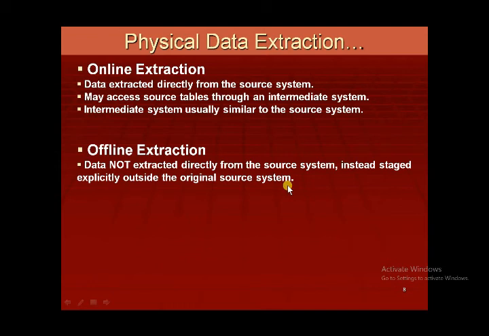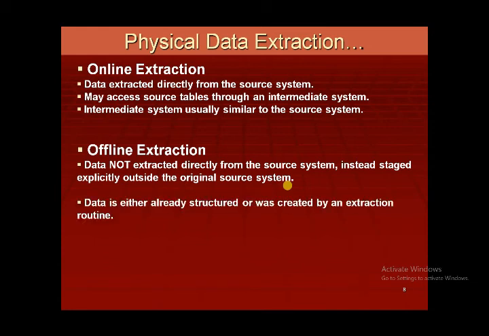Again, data warehouses do not get data directly from the source system, but the source system creates different files from its source data and provides them to the data warehouse. So data is either already structured or was created by an extraction routine.